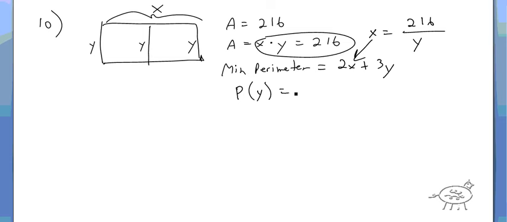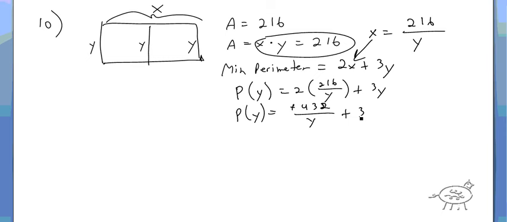P of y is equal to 2 times 216 over y plus 3y. So P of y equals 432 over y plus 3y.